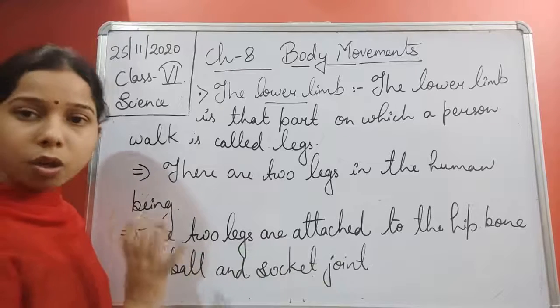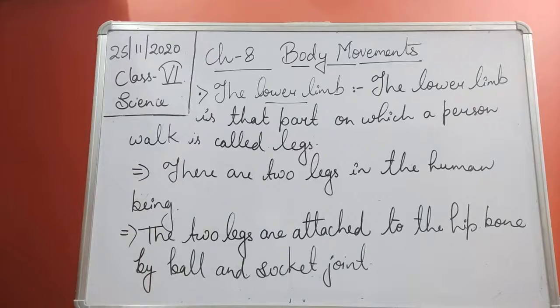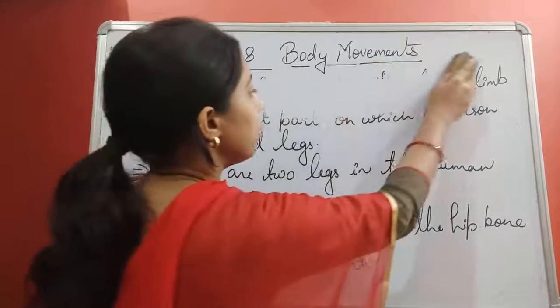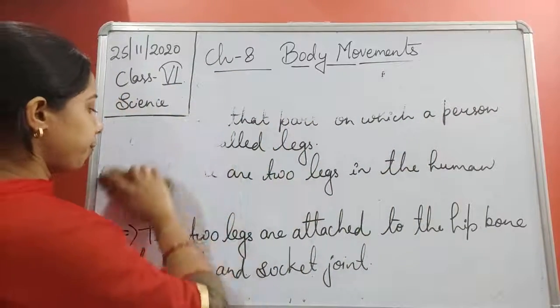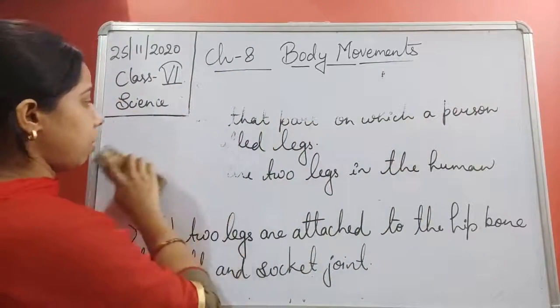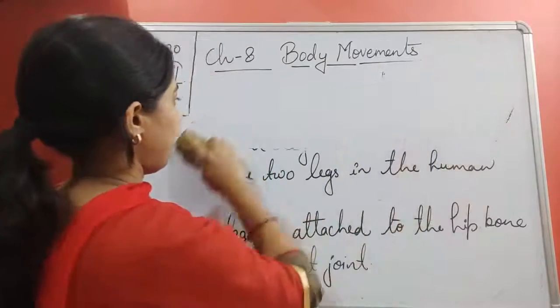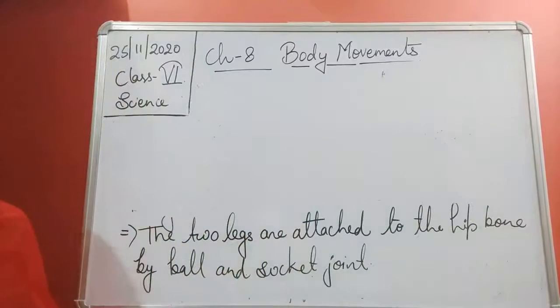So our lower limb, our legs, are attached to the hip bone, and the joint is the ball and socket joint. Now, if we see our legs, they are also divided into three parts, like we have seen in the case of the hand.